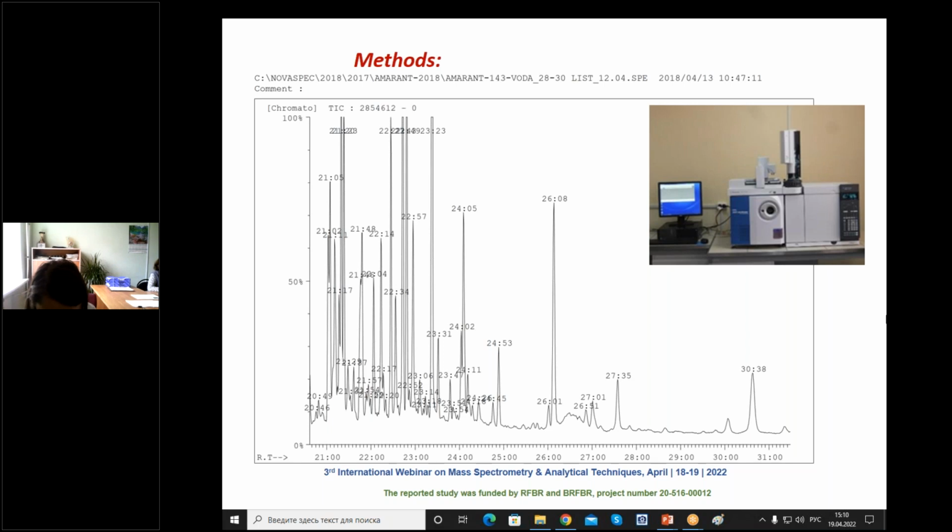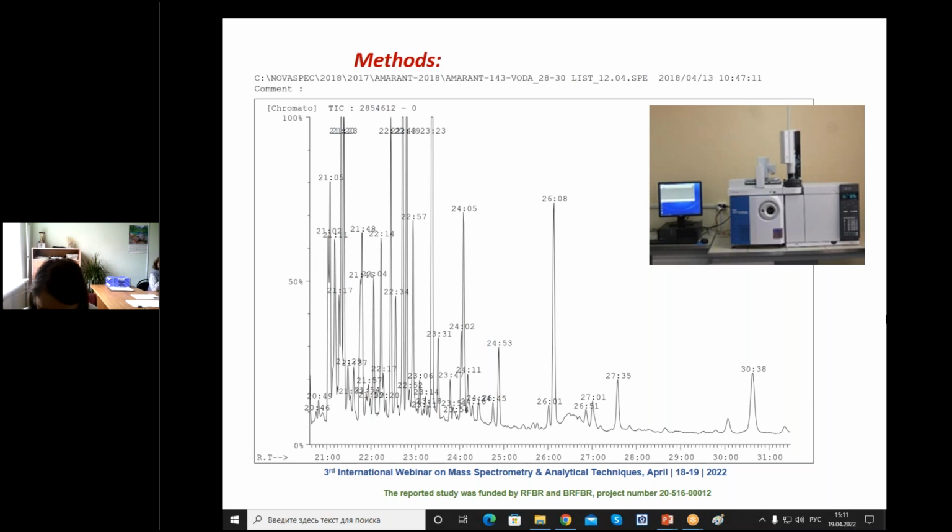The metabolite analysis was fulfilled in a chromatograph GCMS-QP2010 by the method of gas chromatography mass spectrometry. The capillary column was DB-5HT. The temperature gradient during the analysis was from 40 to 280 degrees.